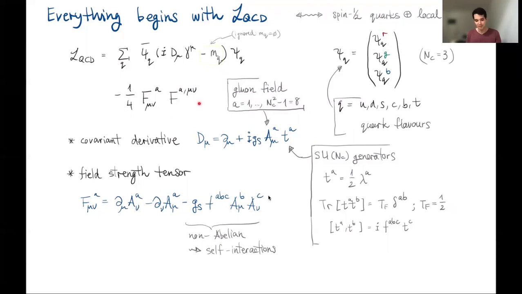In the bottom half, we have the gluon part of the Lagrangian with the field strength tensor. The first two terms should be familiar from QED, and this last term is, as we all know, the additional term we get in the case of non-abelian gauge symmetries, which induces self-interactions among the gluons.